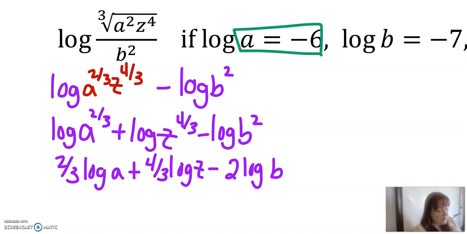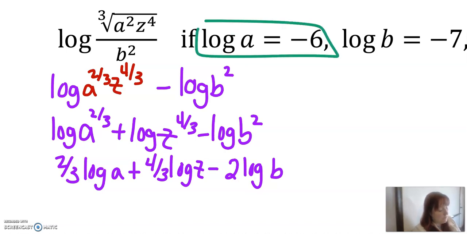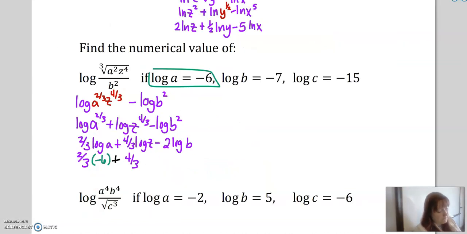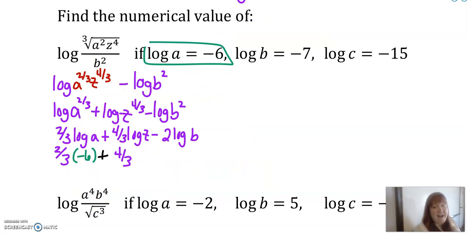So everywhere that I have log of a, I'm going to put in -6. So I'm going to have 2/3 times -6 plus 4/3 times log of, oh, I have a z and a c.